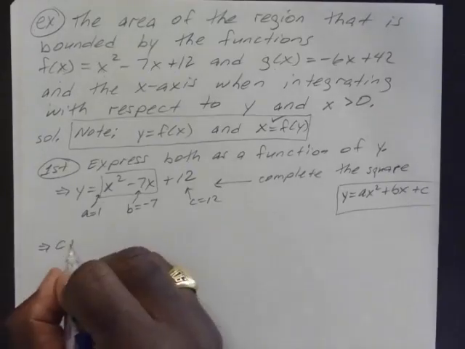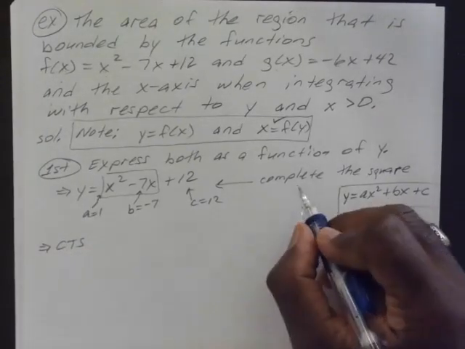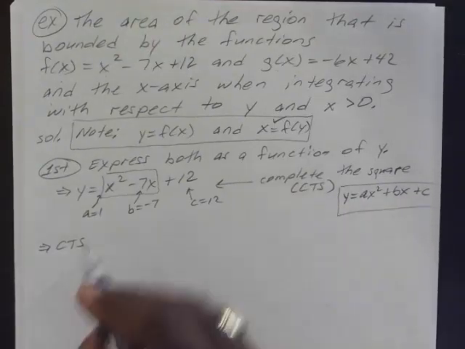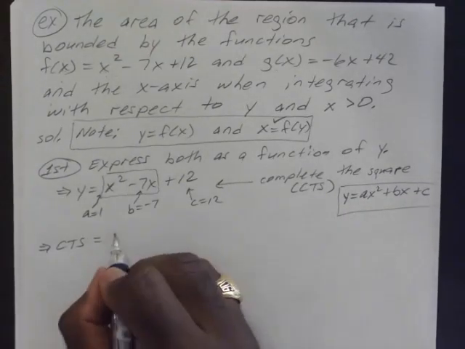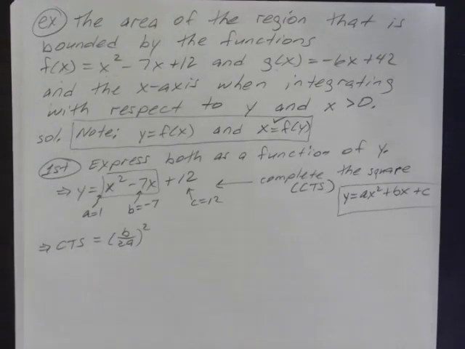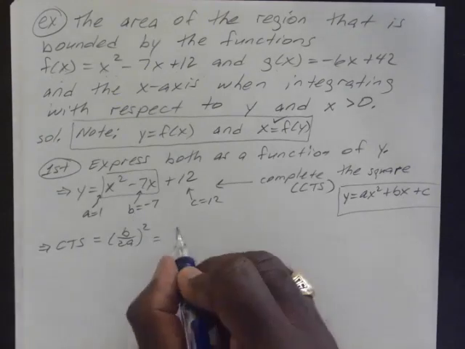So remember, if you wanted to complete the square, just CTS. That's just b divided by 2a, squared. Well, b is equal to -7.